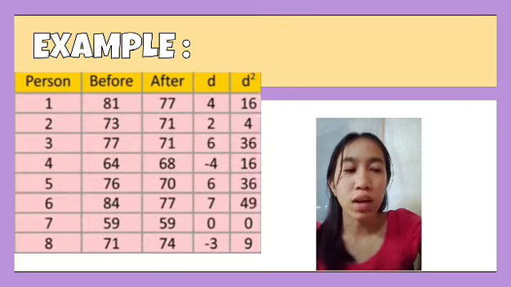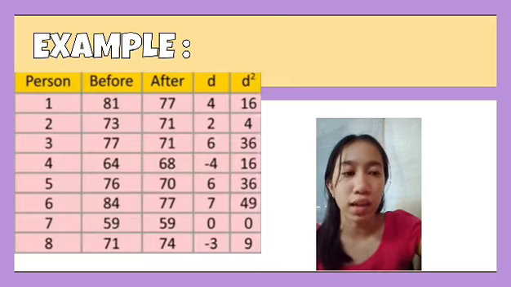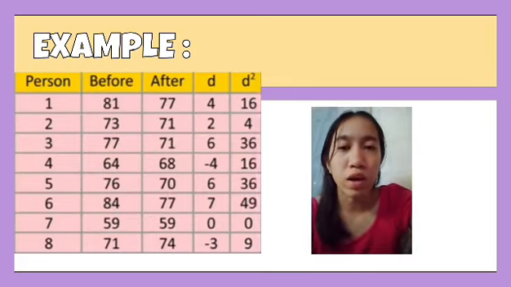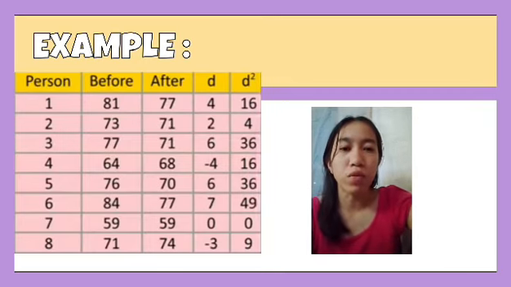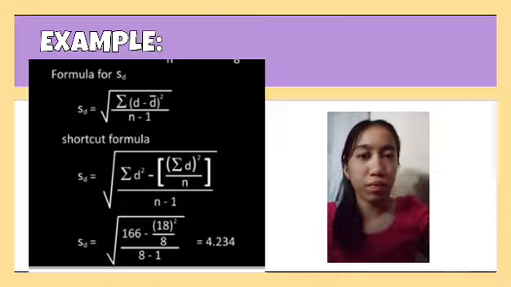So we will square them one by one: 4 squared is equal to 16, 2 squared is equal to 4, 6 squared is equal to 36, negative 4 squared is equal to 16, 6 squared is equal to 36, 7 squared is equal to 49, then negative 3 squared is equal to 9. After getting the square of every D value, you add all the values to get the sum of D squared. So the sum of D squared is equal to 166.